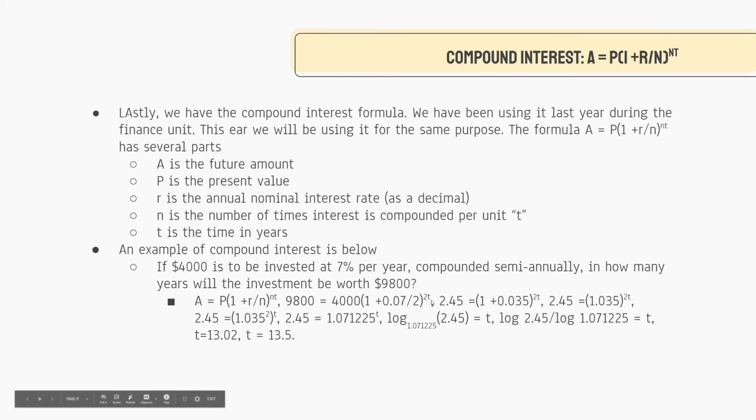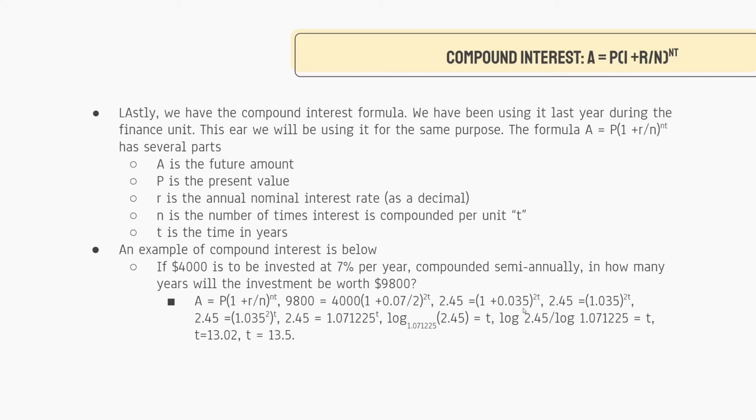So first of all, let's input all of the values we just discussed into our equation. And we will get 9,800 is equal to 4,000 times 1 plus 0.07 divided by 2, all to the power of 2t. So first, what I would do is divide both sides by 4,000, which would get us 2.45 is equal to 1 plus 0.035.